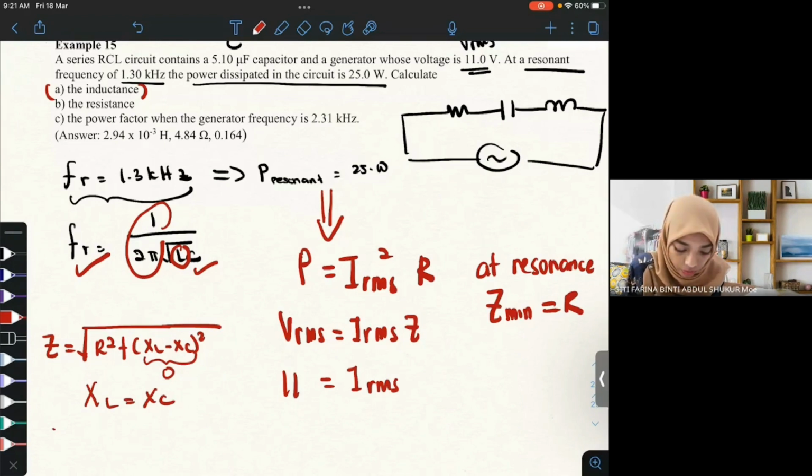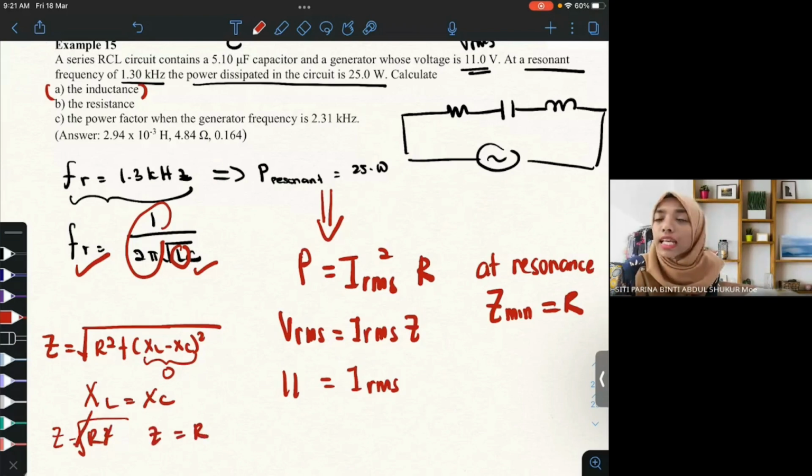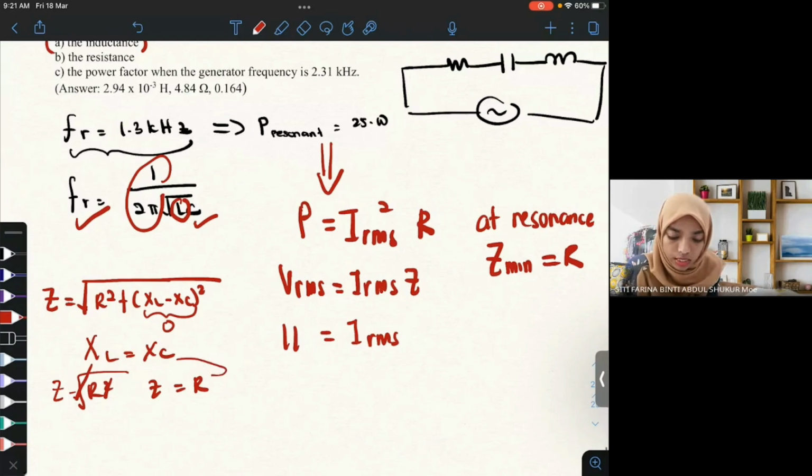Then the square root cancels, so kita dapatlah R sama dengan Z. Dan ini adalah nilai yang paling minimum you can go when you have a combination of RCL. So your Z is equal to R at resonant.